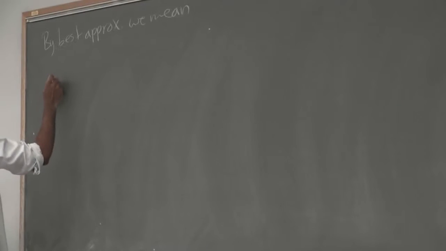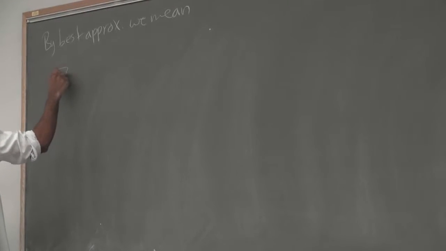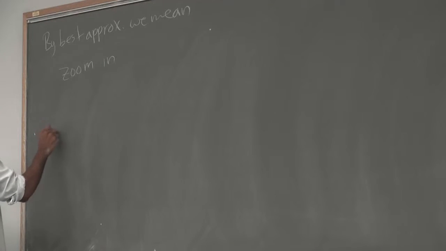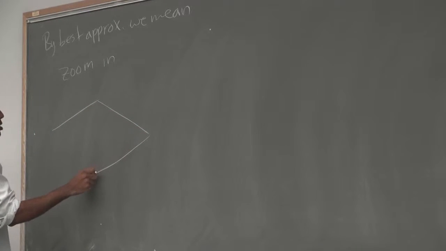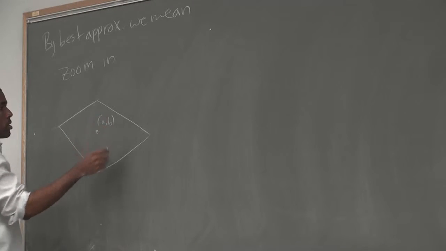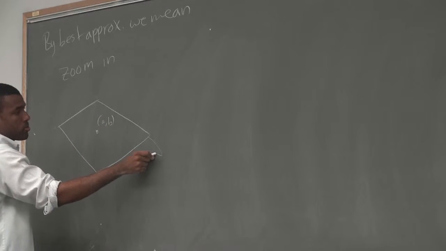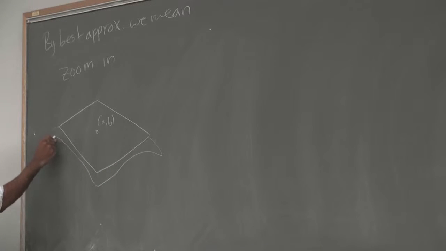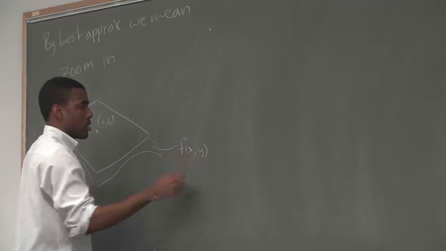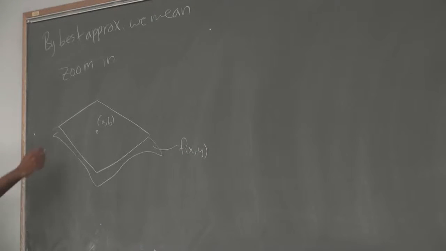By illustration, when I say linear approximation, we mean you zoom in, and the tangent plane and the surface itself are very close together, right?